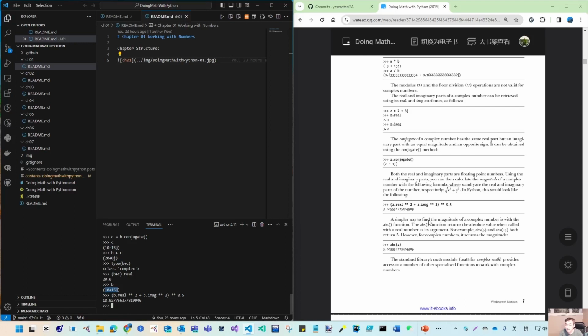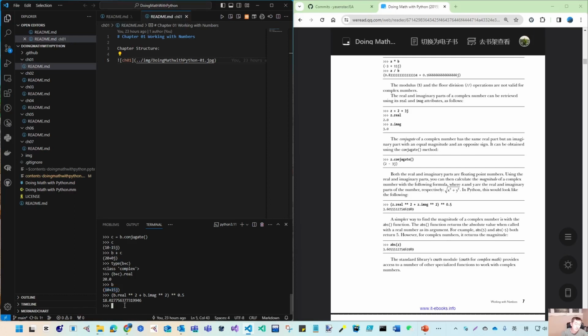A simpler way of getting this magnitude is the function called abs, or absolute. The function returns the absolute value when called with a real number. And for a complex number, it actually returns the magnitude.